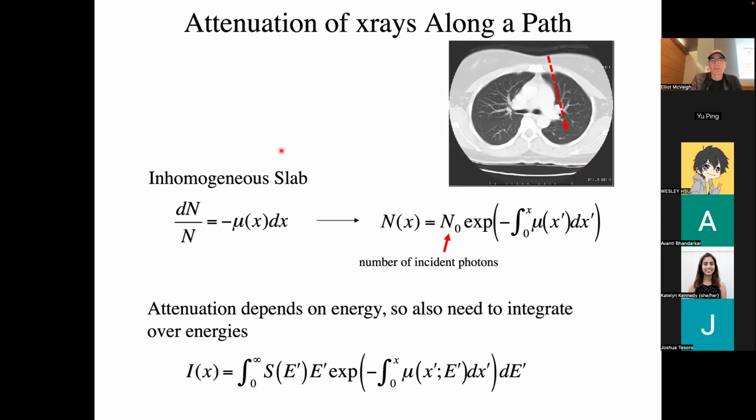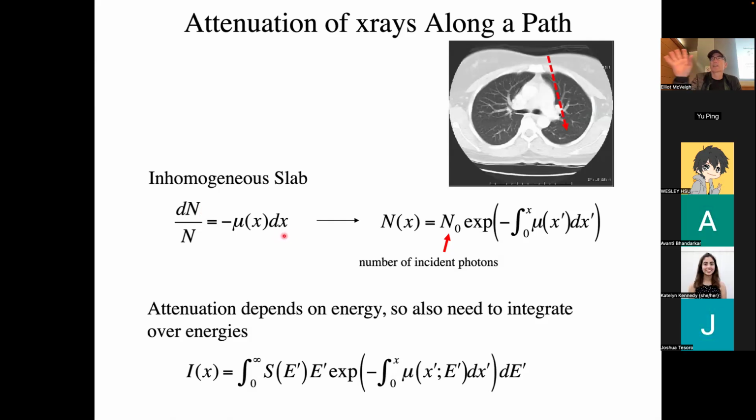And at any point inside there, the rate of change of the number divided by the incident number along here is proportional to whatever the mu value is at that location, times delta x.